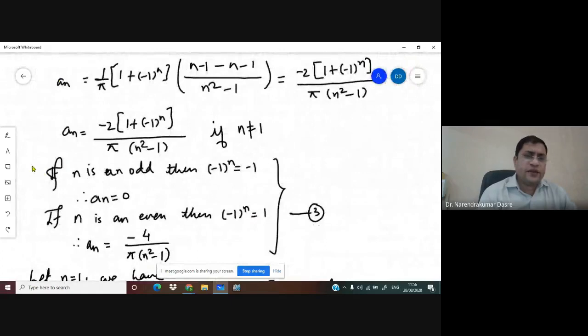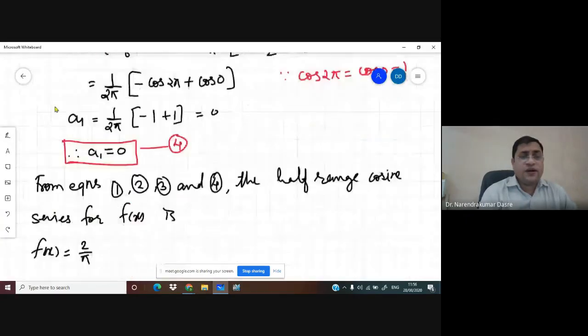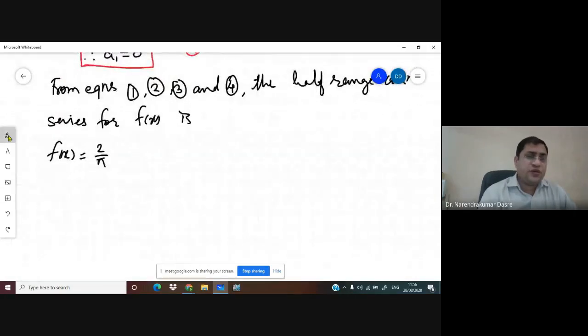Now see, what about An? So An exists only if n is even. Okay, so An exists only if n is even. And we have seen that A1 is equal to 0. Okay, so let us write this.